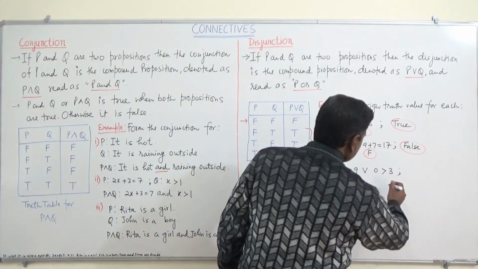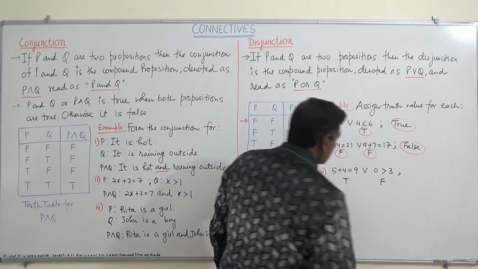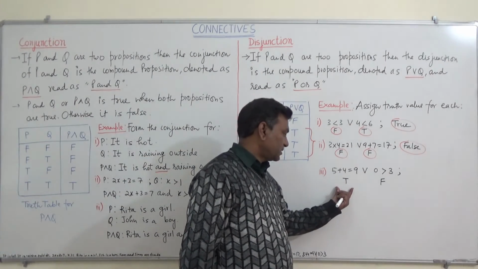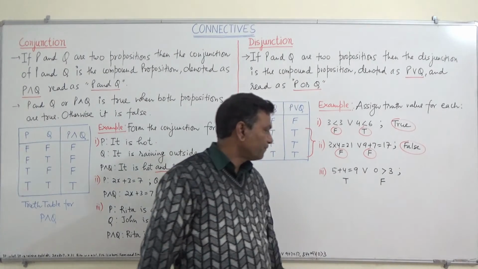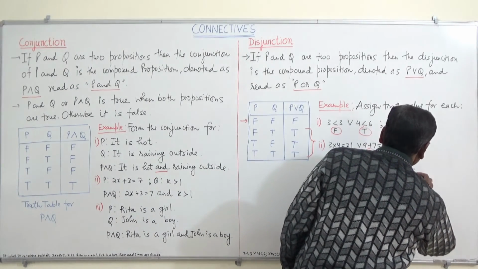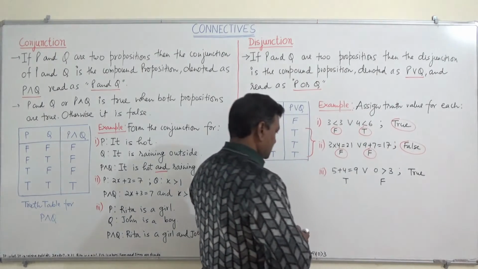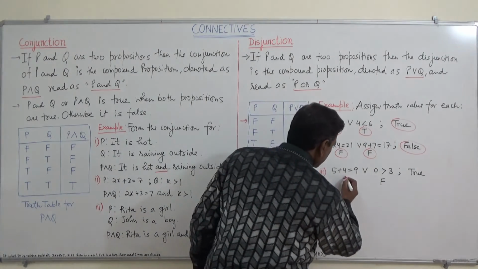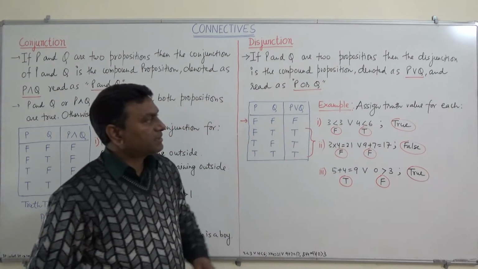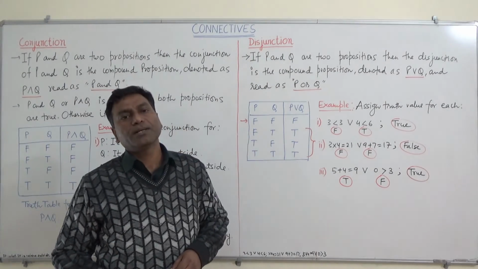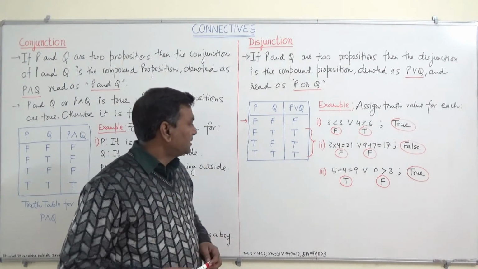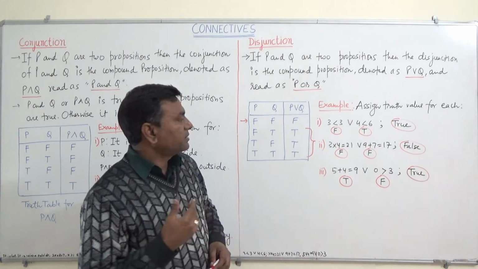And 0 is greater than 3, this is false. When at least one proposition is true, then we can say this will be true. So we can write here, this is also true. In this way we can assign the truth values for each of the following statements. So this is the second connective, that is disjunction.